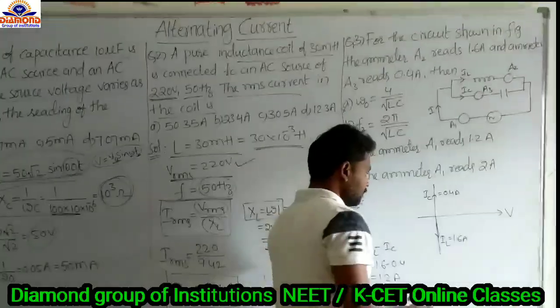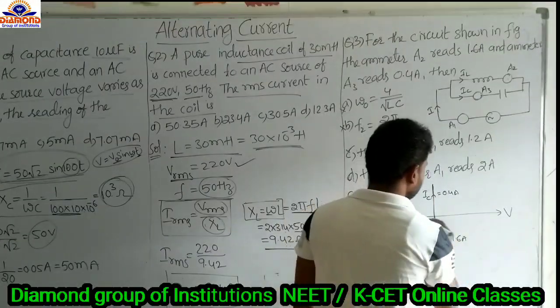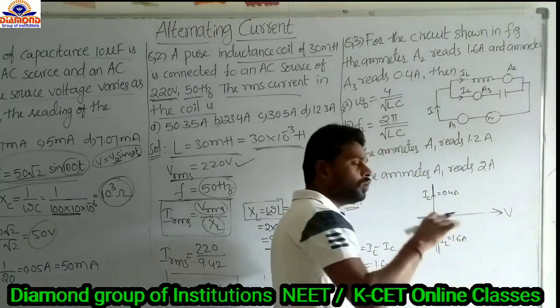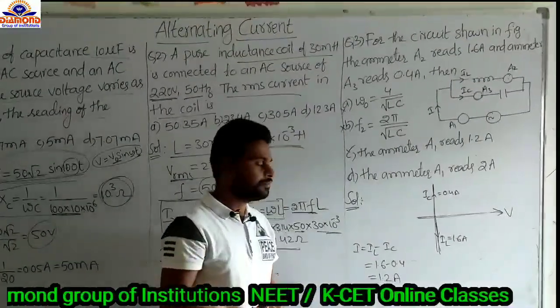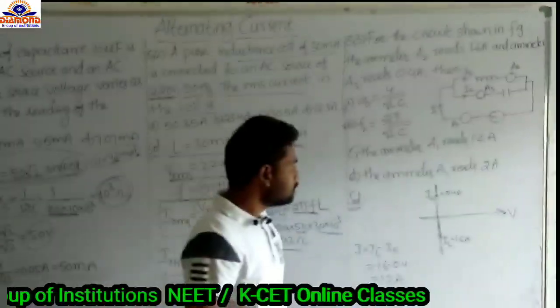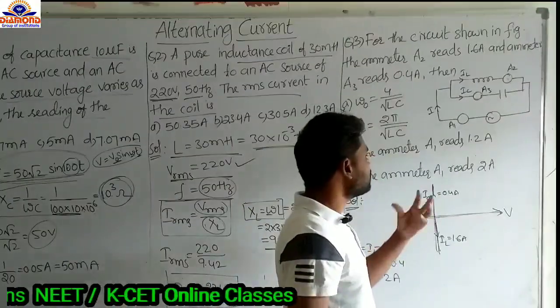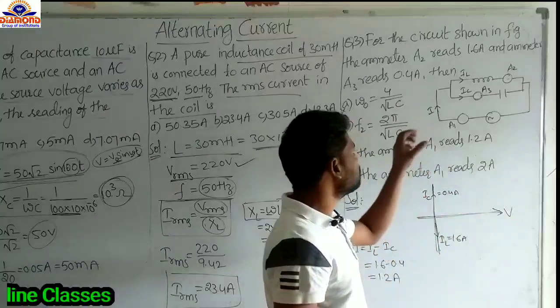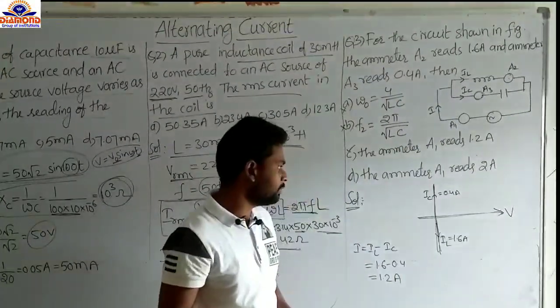So one thing you have to remember. I am taking the graph here, taking the voltage on the x-axis. Now, what is the phase difference between the voltage and current in the inductive circuits and the capacitive circuits? You have to remember.